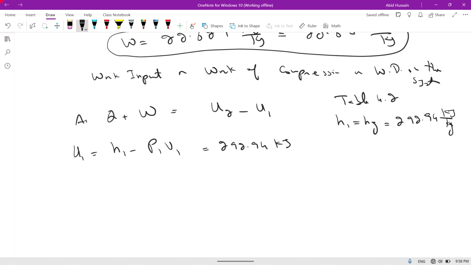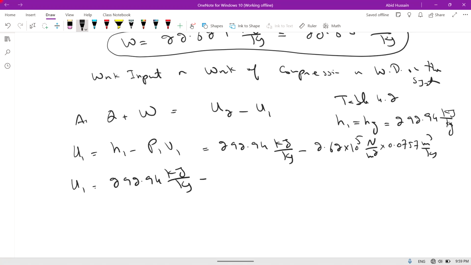So U1 is equal to 292.94 kilojoule per kg minus P1, which is 2.62 bar. 1 bar is equal to 10 power 5 Newton per meter square. V1 is equal to 0.0757 meter cube per kg. So U1 is equal to 292.94 kilojoule per kg minus 2.62 multiplied by 10 power 5 and 0.0757.